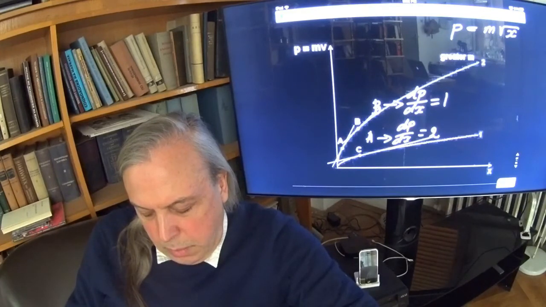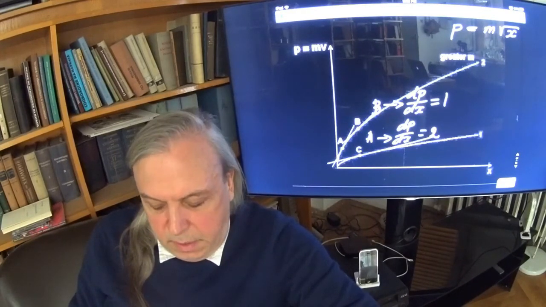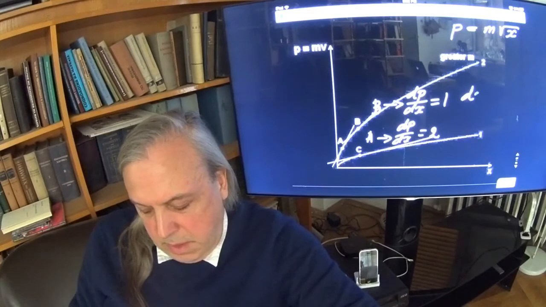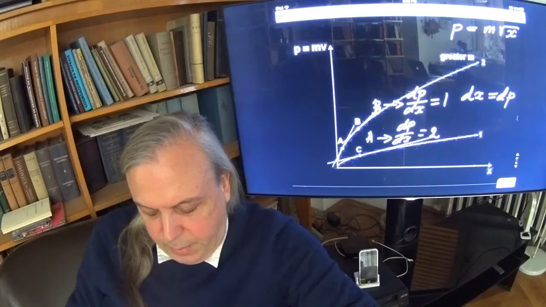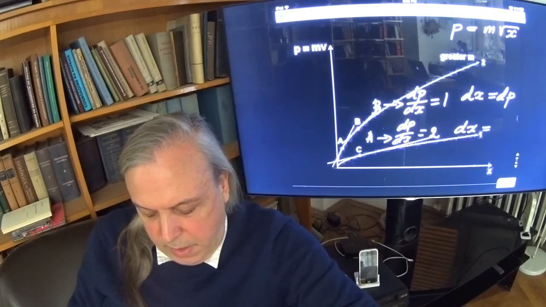So, if we express dx, here at point B, dx will be equal to dp, but at point A, dx will be dp over 2.